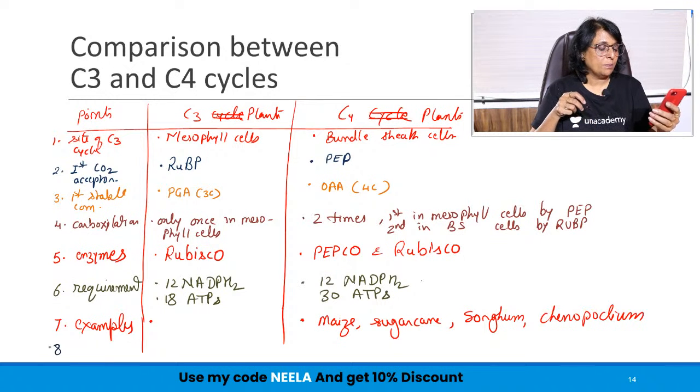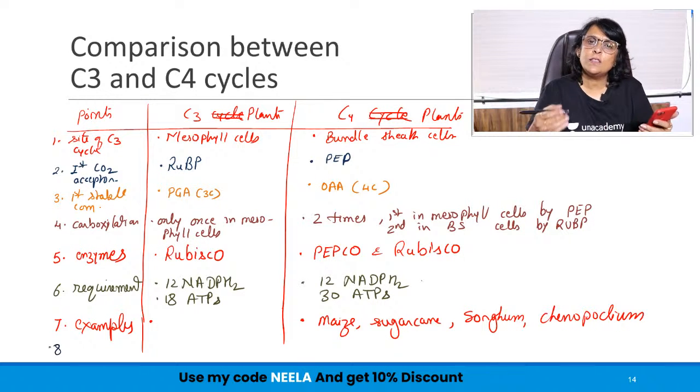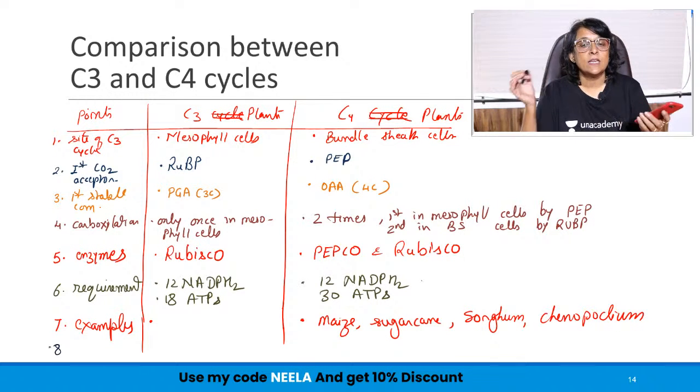Rice, wheat, barley, these are C3 plants. Sunflower, soya bean. See, if you exclude maize, sugarcane, sorghum, chenopodium, all other plants are C3 plants. So the plants which are visible to us commonly, like mango, neem, papaya, all these plants are C3 plants.